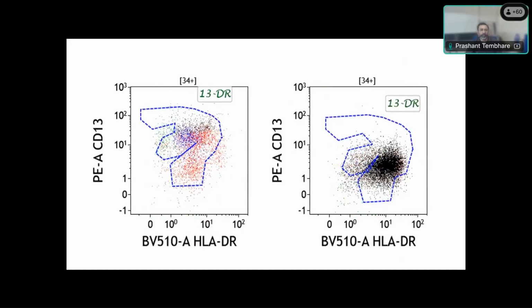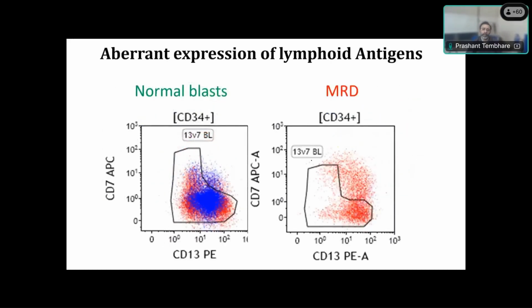Then normally you know that CD13 shows this type of maturation pattern, but loss of CD13 completely again is an aberrancy. Then we know that normally CD7 positive cells are not there. Only very few erythroid, myeloid, or megakaryocytic precursors express CD7.